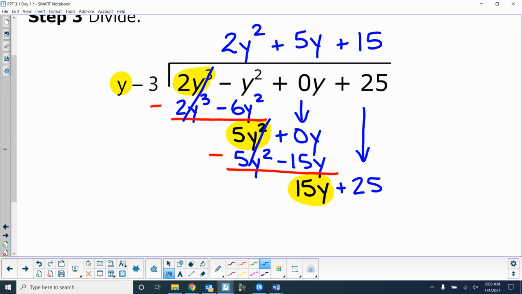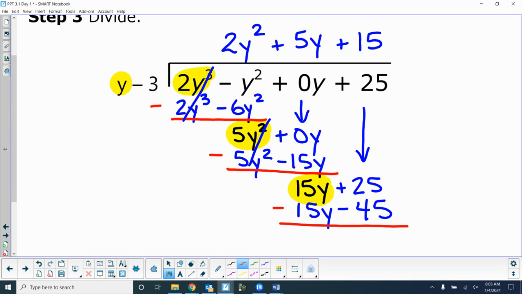So Braden, what do I do with this 15 then? Right. So 15 times y and 15 times negative 3. And then we subtract.